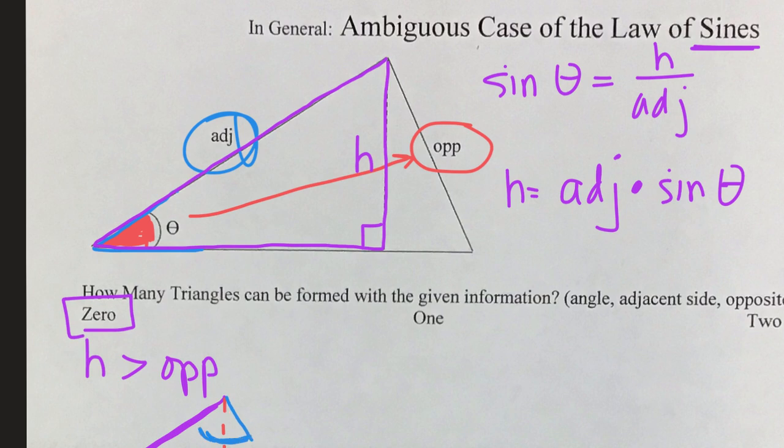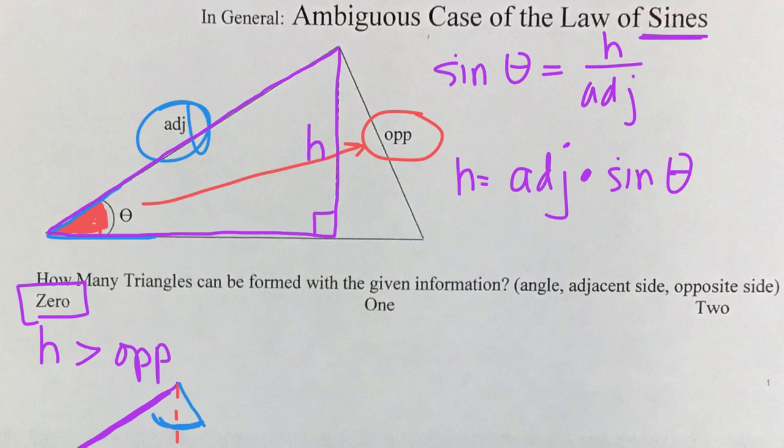It's not long enough to reach. So if the height that you calculate, which is the adjacent side times the sine, is greater than the opposite side length, you have no triangles. So that's one thing that we can do straight away.